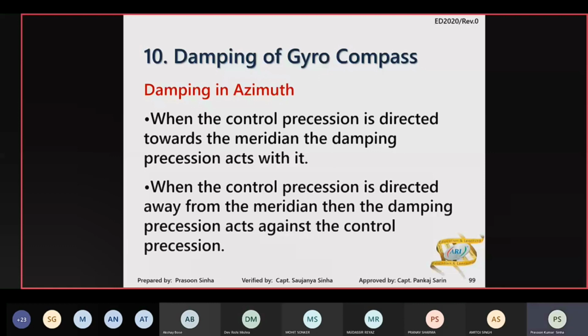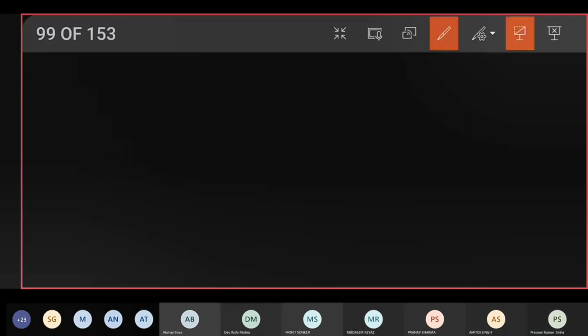Remember that the damping precession is applied in such a way that it pushes the spin axis towards the meridian. जब दूर जाएगा स्पिन एक्सिस तो अपोज करेगा, जब टुवर्ड्स मेरिडियन जाएगा तो सपोर्ट करेगा. This is the meridian.